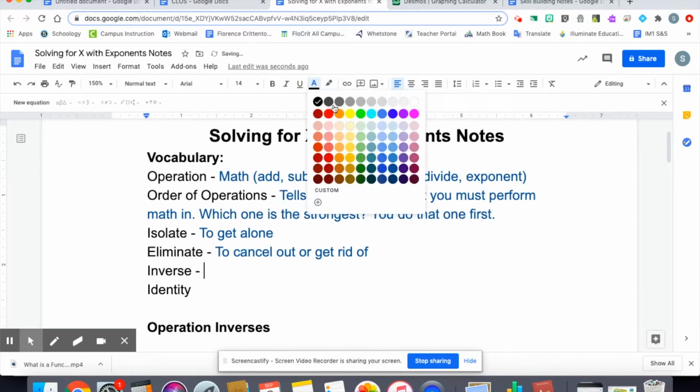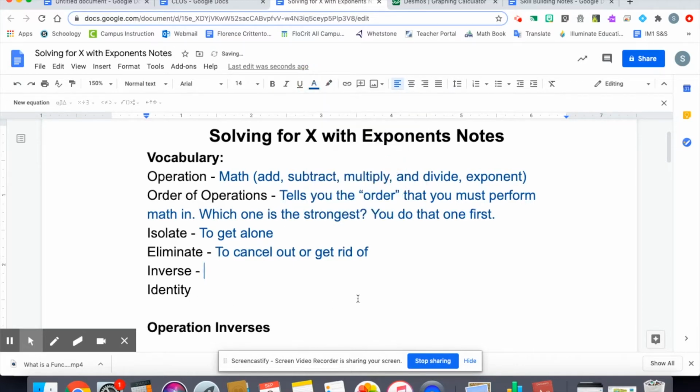However, the fancy name to eliminate something is to use the inverse. The inverse of an operation is what you have to do to that operation to make it eliminate. That is the easy definition of inverse.